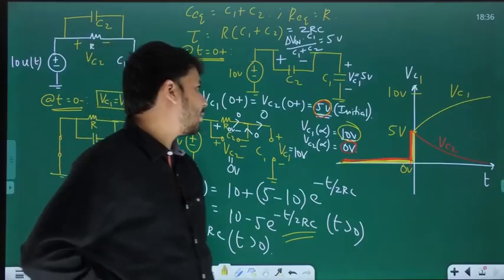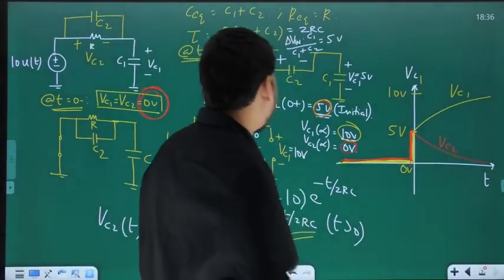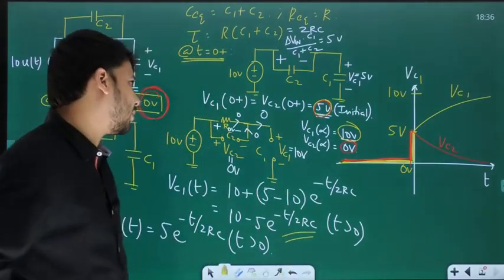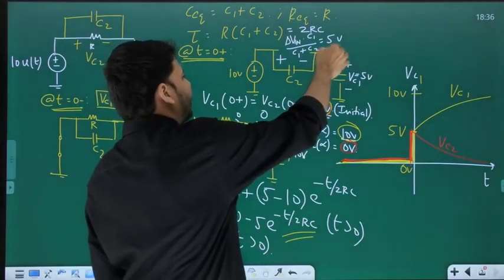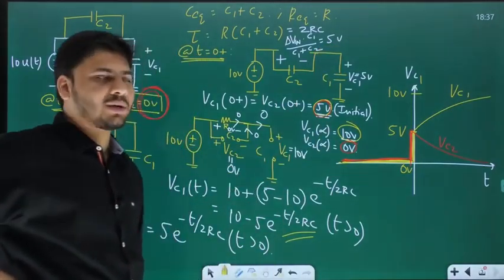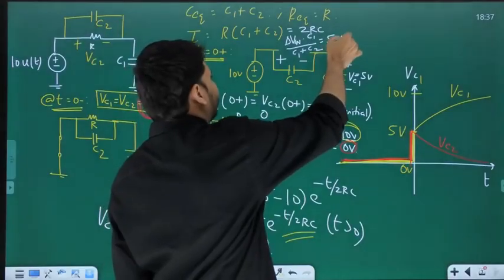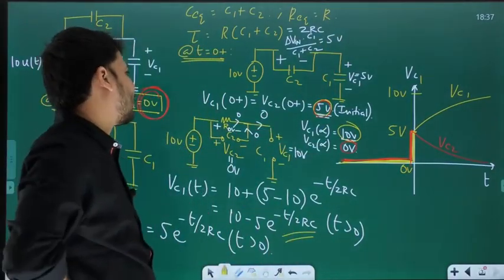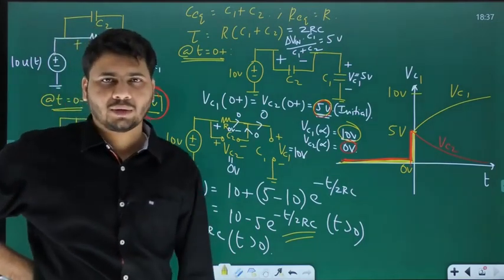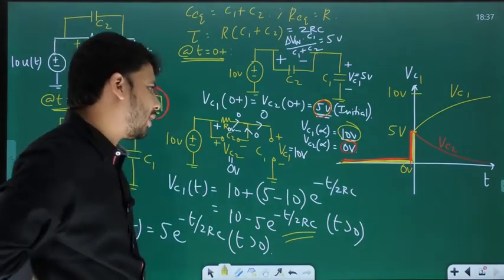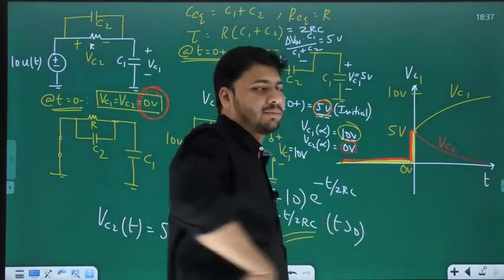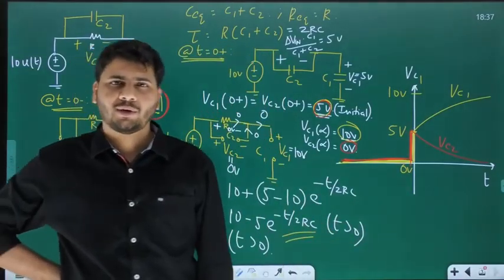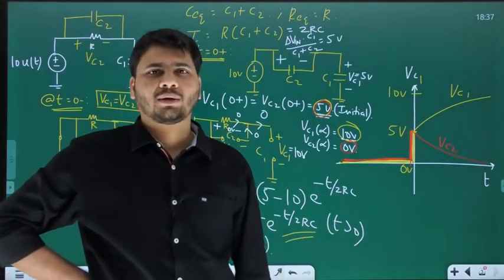And when is it happening? It is happening at t equal to 0. At t equal to 0, there will be an impulse current flowing in the system, due to which there will be instantaneous charge transfer from the voltage source to both the capacitors, and that is the reason why we have the sudden change in voltage from 0 to 5 volts for both the capacitors.